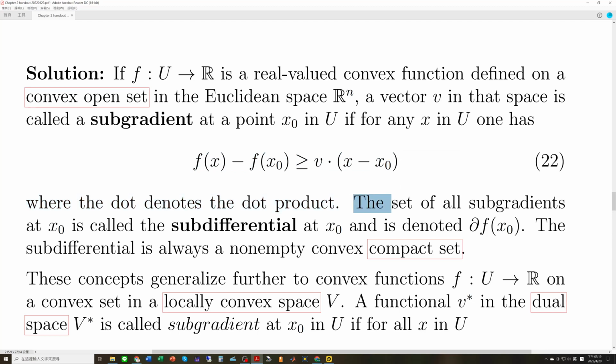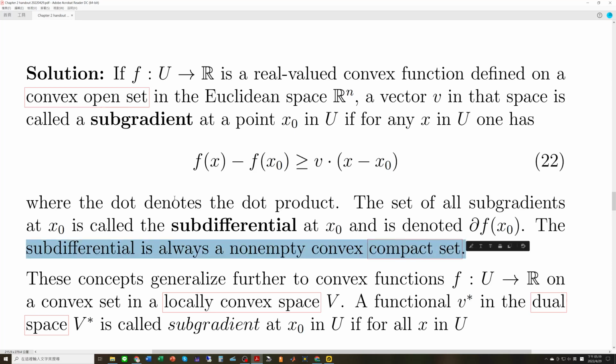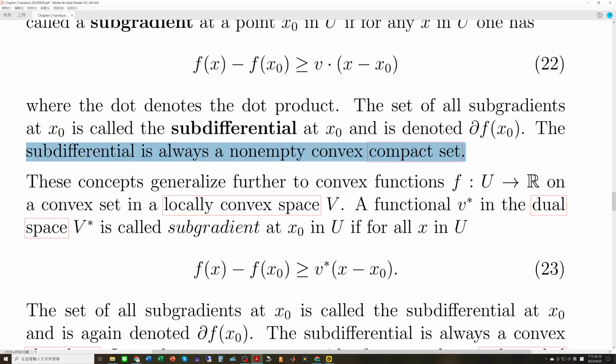The set of all subgradients at x0 is called the subdifferential at x0 and is denoted partial f of x0. The subdifferential is always a non-empty convex compact set. We will explain what a compact set is later.